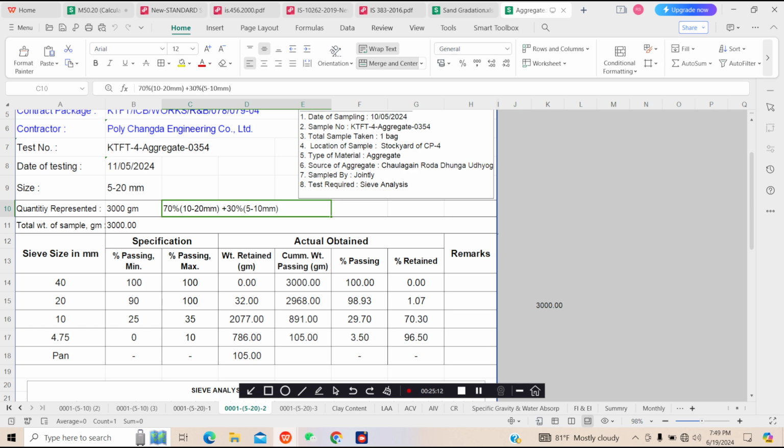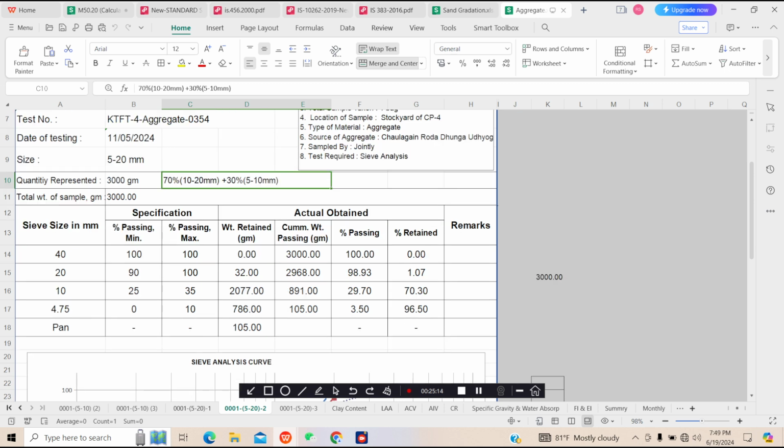While taking that ratio, we have not achieved the passing percentage for the specification. So we go on changing and changing. First, initially we have used 60/40. Again in the next, we have used 65/35, and finally we have used 70/30.